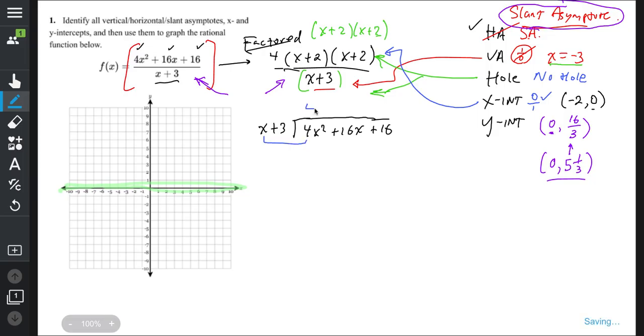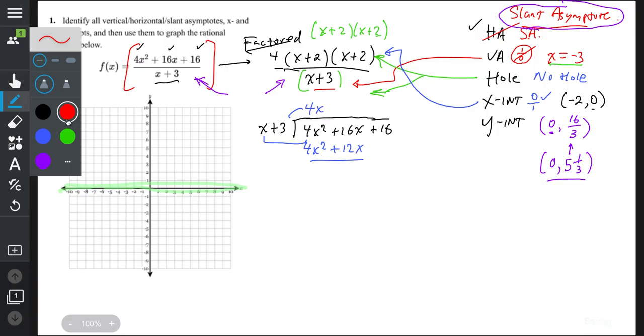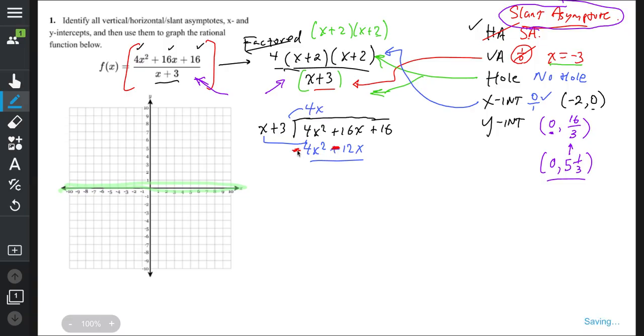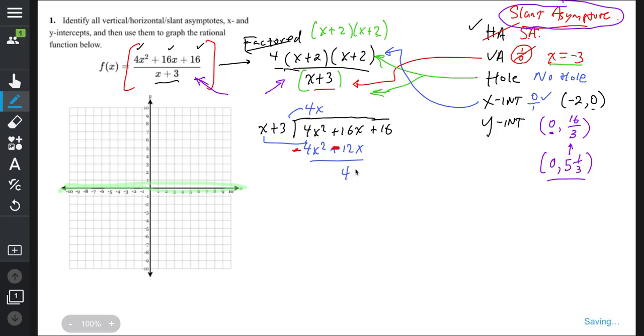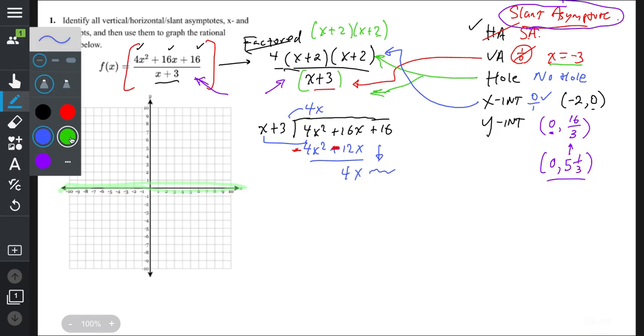So x times 4x will make 4x squared. 4x squared comes back. We distribute this to the 3, 12x. But remember, we're subtracting, meaning changing the signs before we take the next step. 16x minus 12x is 4x. I don't need to worry about bringing this down because my next step is all I need.